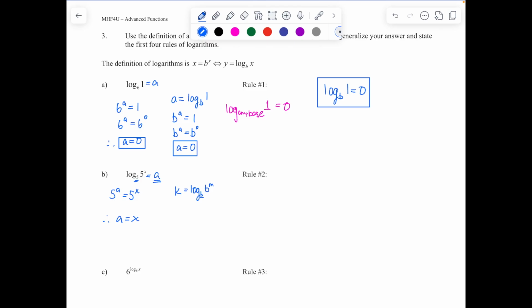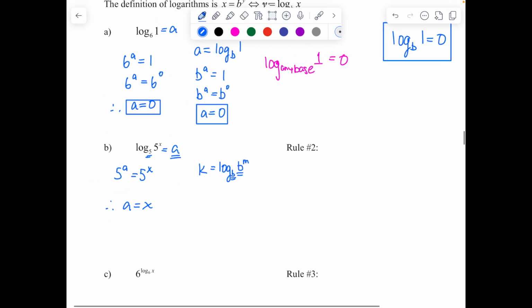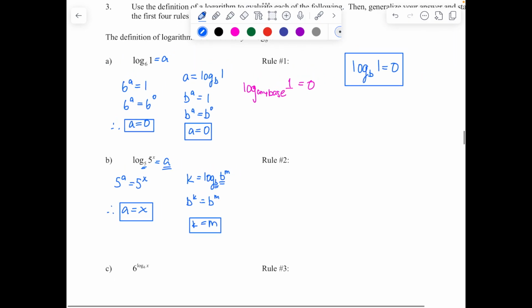My base, the base of my logarithm and the base of the power are the same. When I rewrite this, I get b to the exponent k equals b to the exponent m, so k equals m. So what shakes out here is this rule: log base b of b to the m equals m.